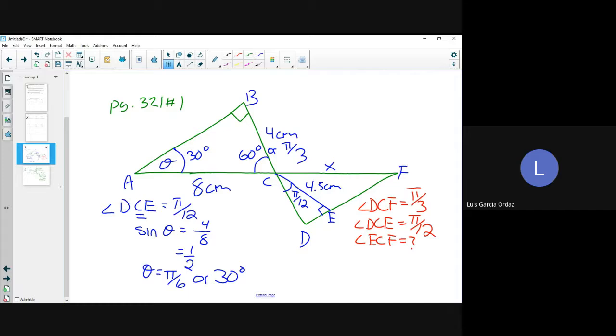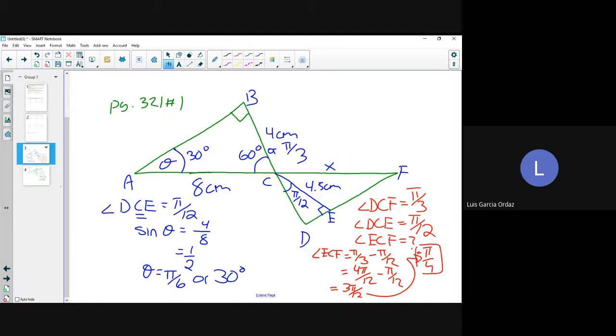So we're going to subtract. So angle ECF is equal to pi over 3 minus pi over 12, which is equal to 4 pi over 12 minus pi over 12, which gives us 3 pi over 12, or pi over 4.